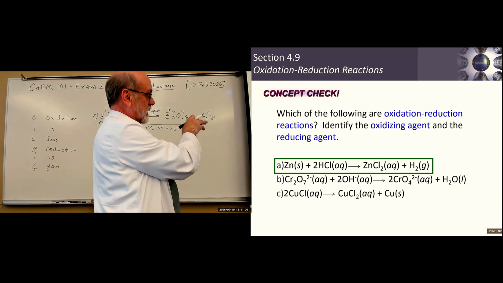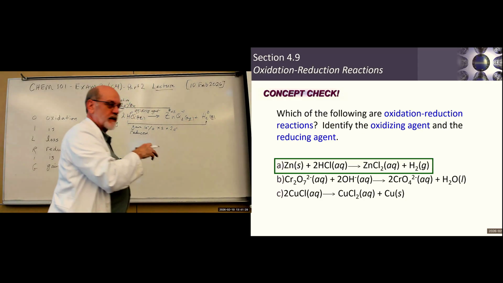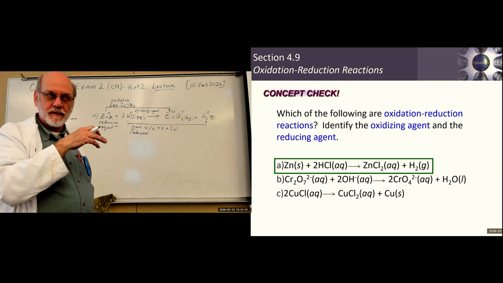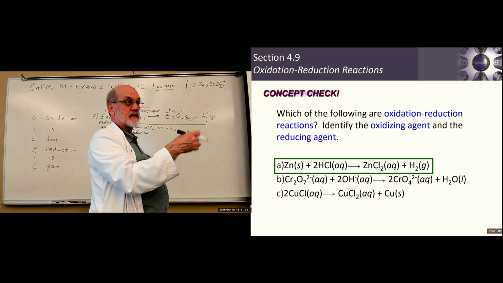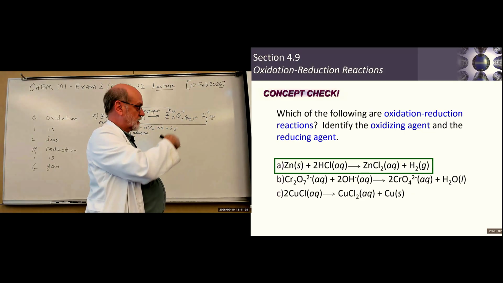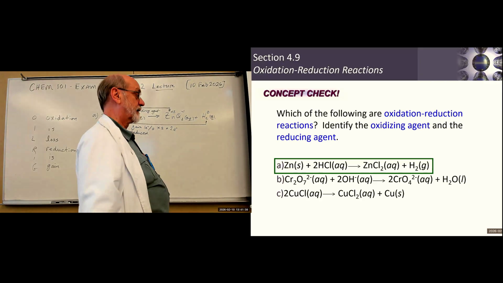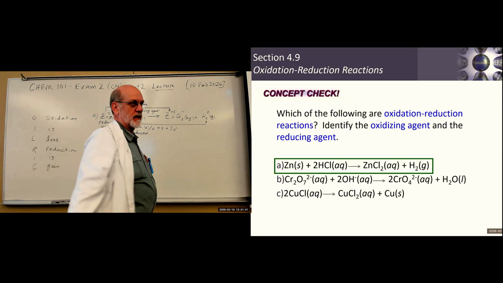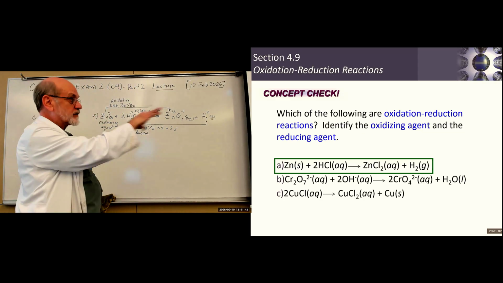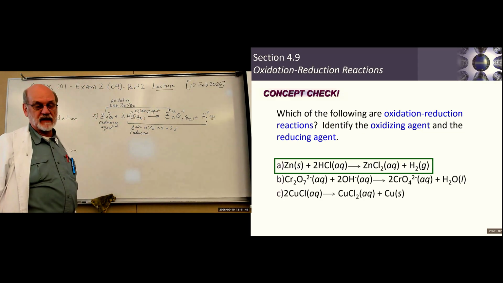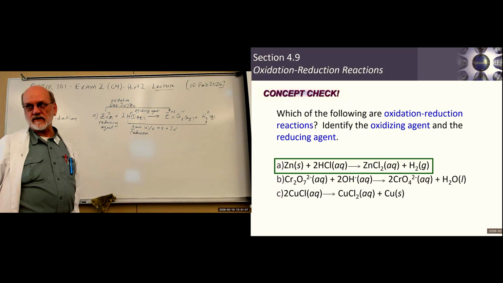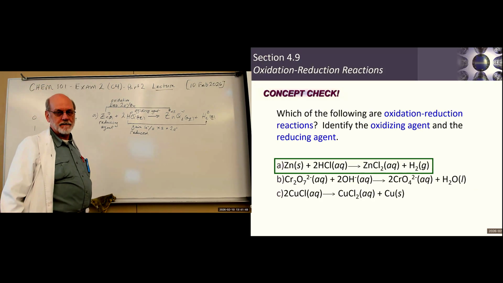And on the other side, CrO4. 4 times minus 2 is minus 8. We hold out 2 negatives for the charge. That's minus 6 for the chromium, so we got 1 chromium plus 6. So chromium didn't change. And water is plus 1 and minus 2. So we had no oxidation state changes in B. That's not an oxidation reduction reaction.